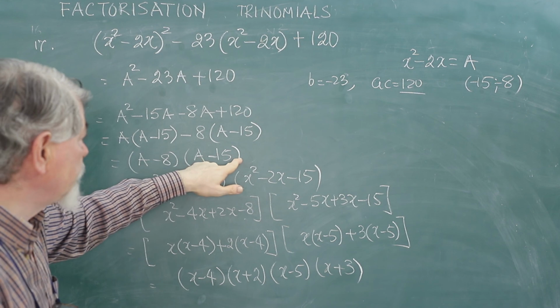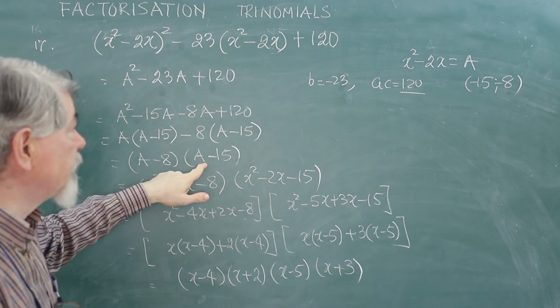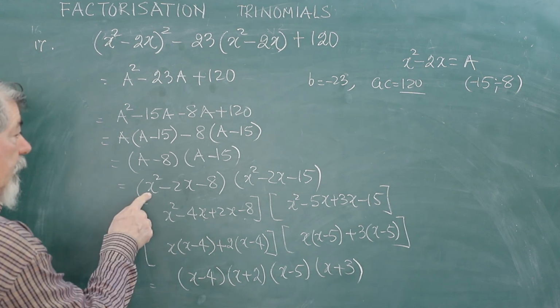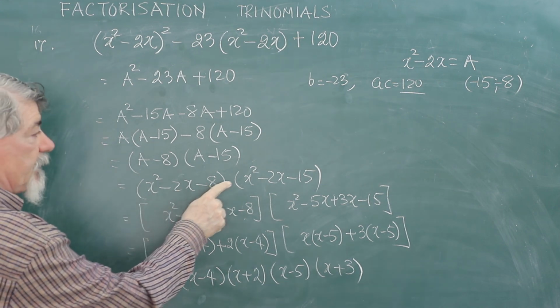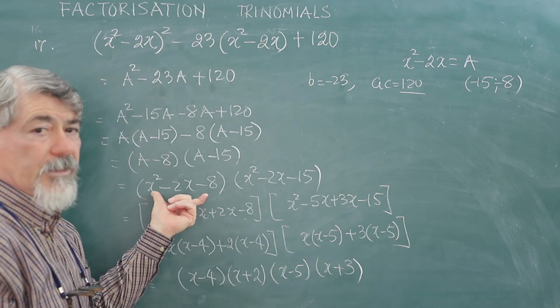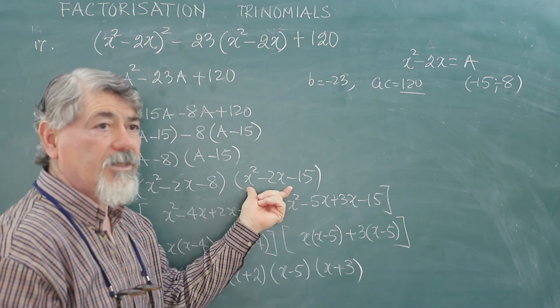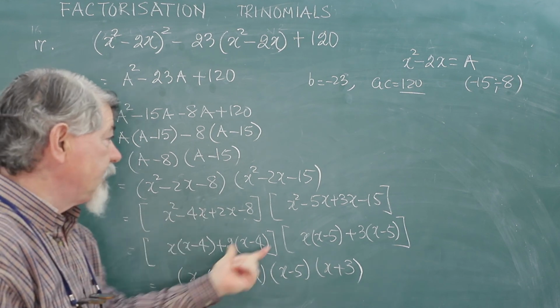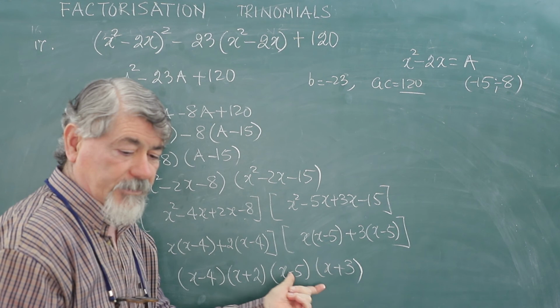So we come to this stage, a minus 8, a minus 15. I replace a by x square minus 2x: x square minus 2x minus 8, x square minus 2x minus 15. Again, this is a trinomial, this is a trinomial. Both the trinomials have to be solved, and we get this and we get this.